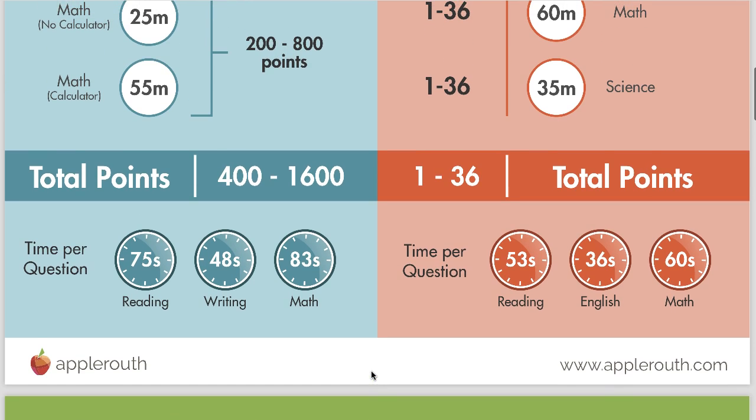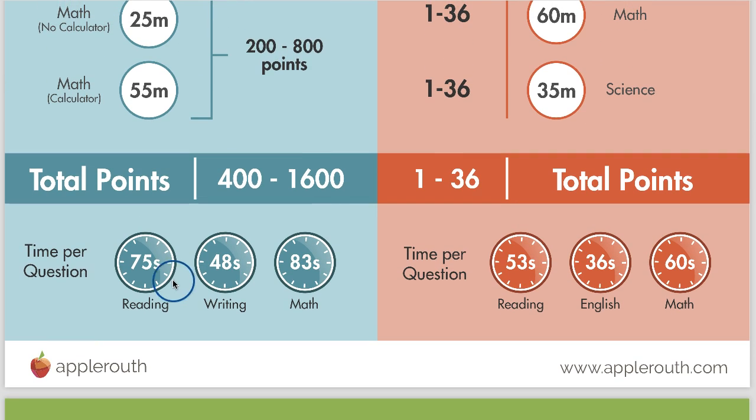To take a look at the questions here, we can see that on the ACT, we have a little bit less time per question on similar sections. About 23 seconds less on the math section, about 12 seconds less on the English section, and in the reading section, we have about 22 seconds less. Please remember, however, that these are 2 different tests.